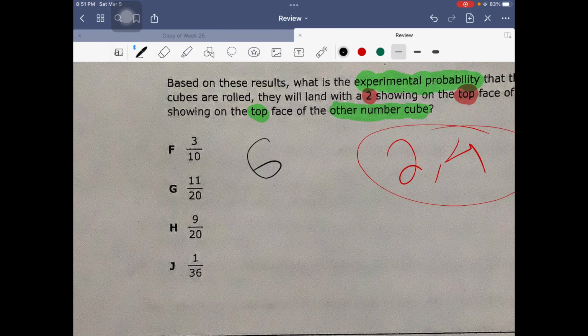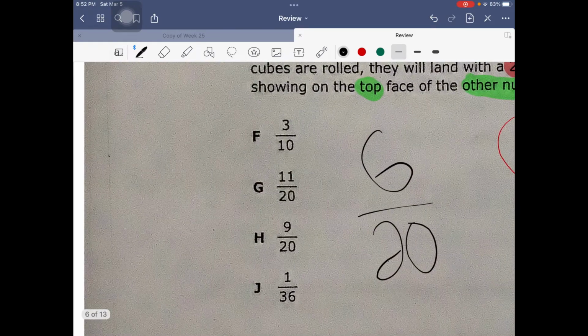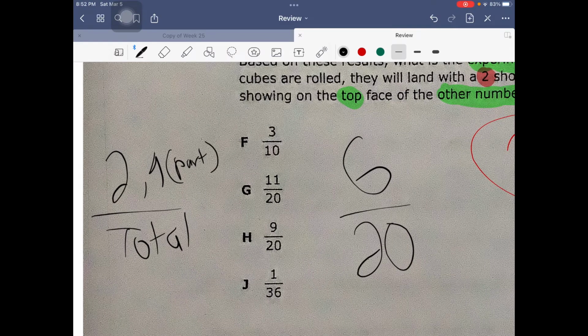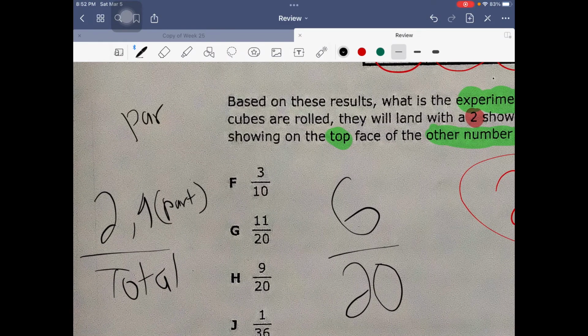6 out of 20. Now what we want is a 2 and a 4, and this is the total. That's what we're focusing on. That's our part. Now, part over total, as always.